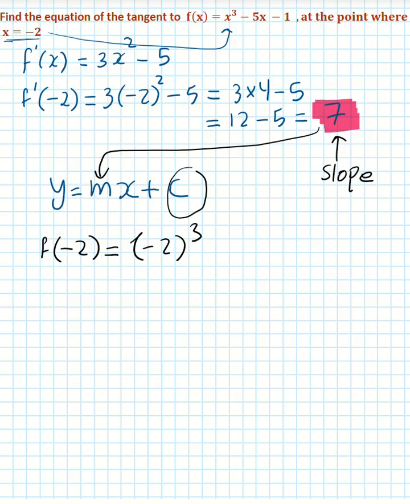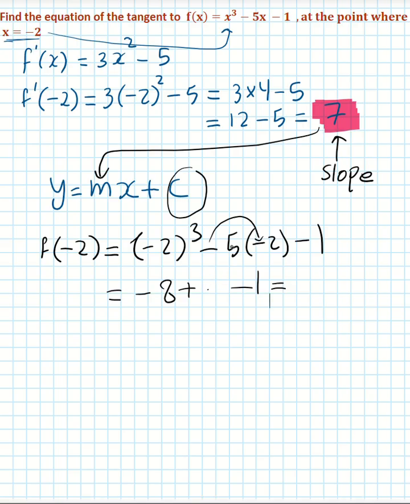So f of minus 2 is going to be equals to minus 2 cubed minus 5 times minus 2 and then minus 1. Minus 2 cubed is going to be minus 8, and then negative times negative becomes positive, so that becomes 10, not 7, because it's 5 times 2, so that should have been 10.